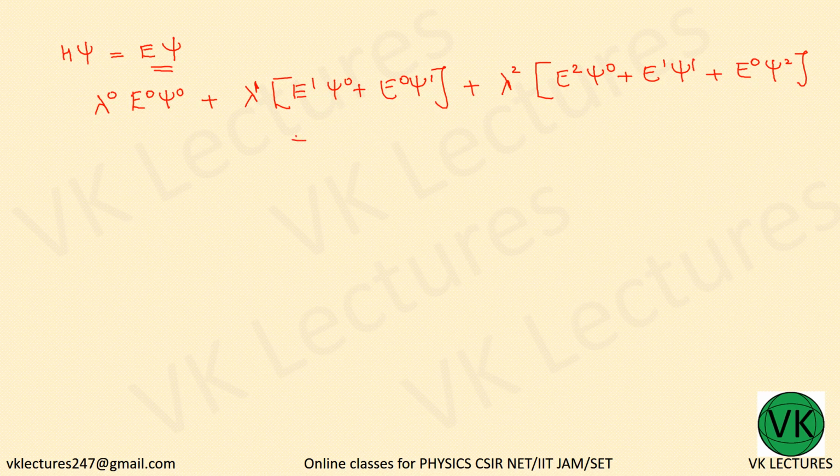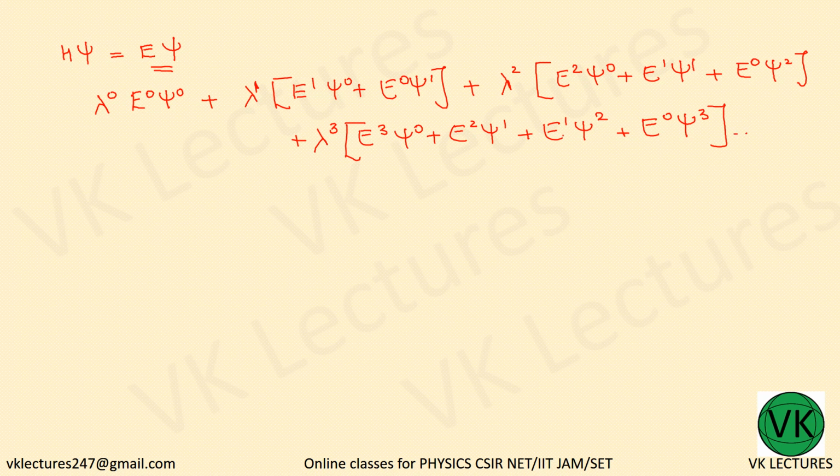Now for λ cubed, the third order: E3 ψ0 plus E2 ψ1 plus E1 ψ2 plus E0 ψ3. So this is how we can write the perturbation in energy.